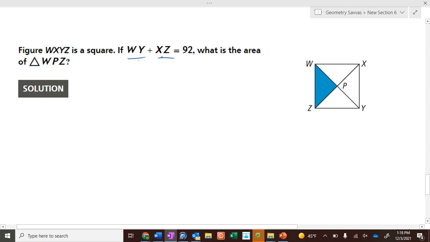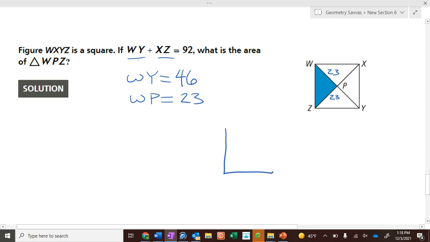So if WY plus XZ equals 92, then WY is going to be 46. So then, how long is WP going to be? 23. So this is 23, and this is 23.